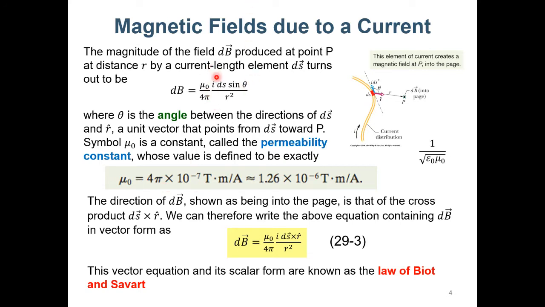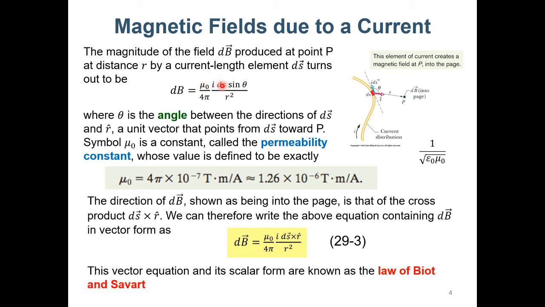Here we have I ds. It will be a bit more complicated than the electrostatic case, because we need to consider the cross product. For magnetic field, we always need to consider the cross product and the right-hand rule. And this is the scalar form. If we write that in vector form, it looks like this.